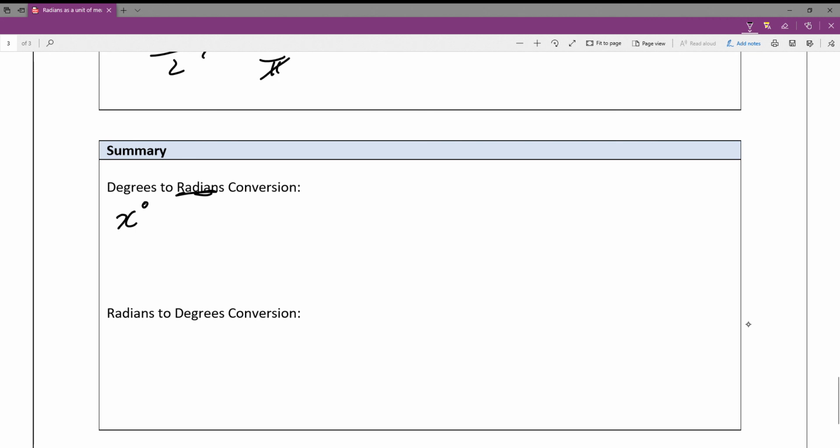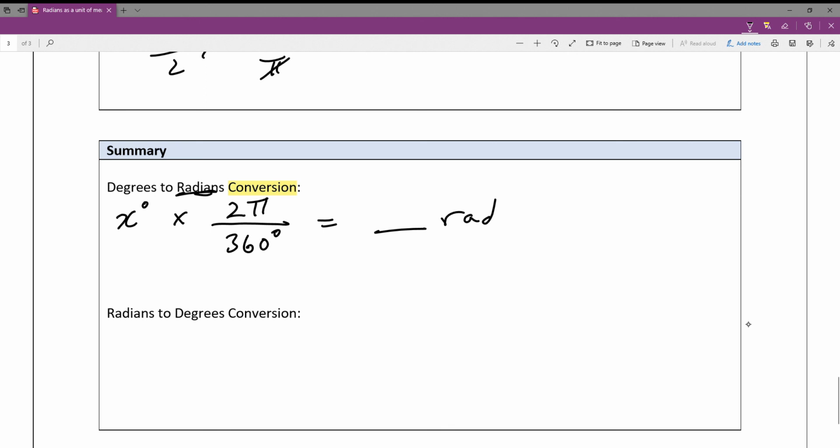You have to multiply that by its conversion, which is 2 pi over 360 degrees, which will give you your answer in radians. As you can see, I have the 2 pi in the numerator, because that's what I want to convert to.